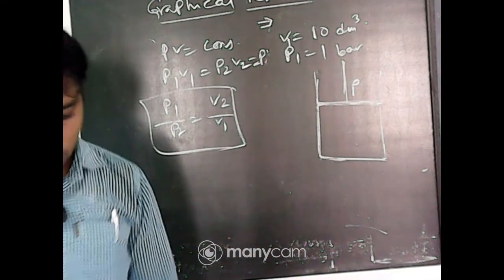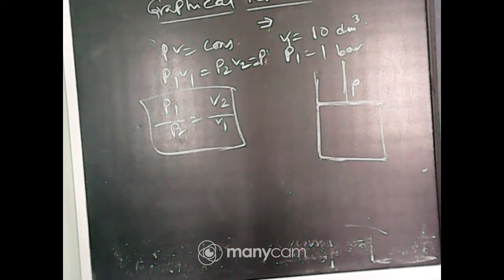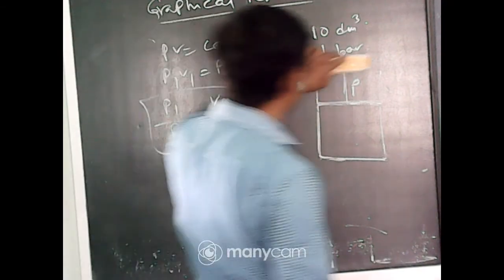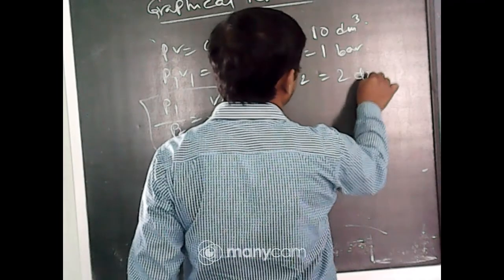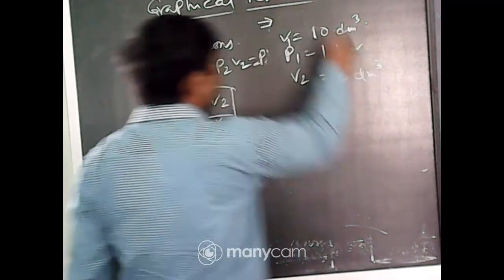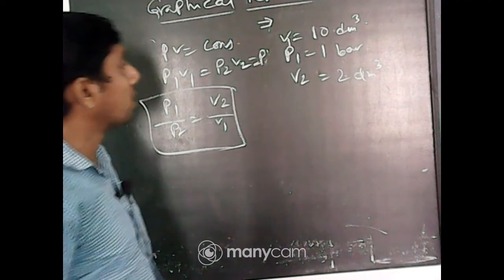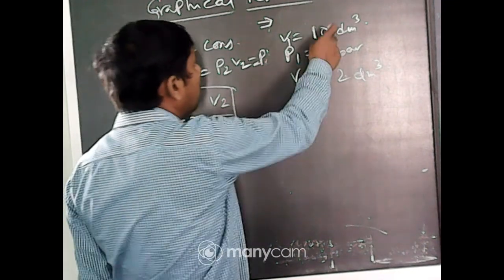Now, using the piston, it is moved until the same mass of gas occupies 2 decimeter cube at the same temperature. So, the temperature remains constant and the volume V2 becomes 2 decimeter cube. Now, just look at the data, the volume is decreased.